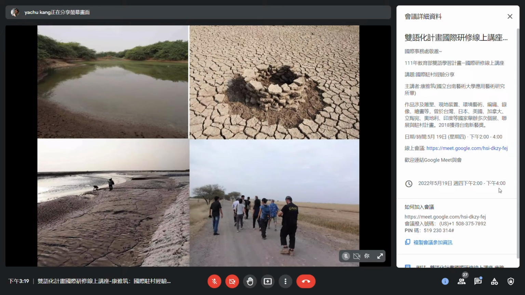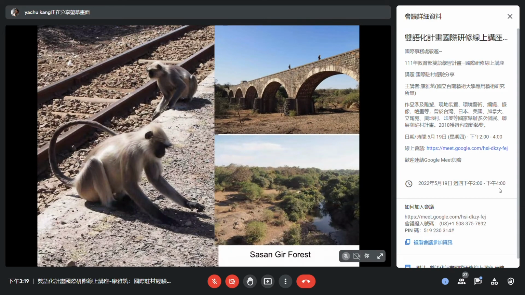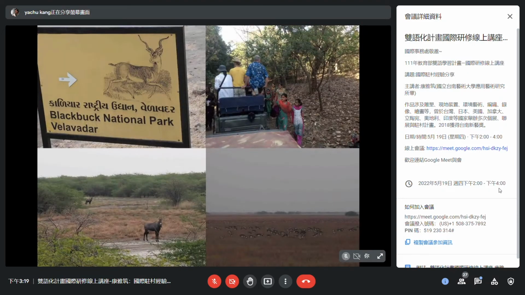The point is we go into nature and we have to create art in nature. You can see wildlife, and the nature has different kinds of landscape: forest, ocean, riverside, wetland, even a nature park.